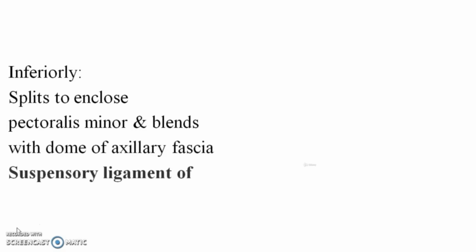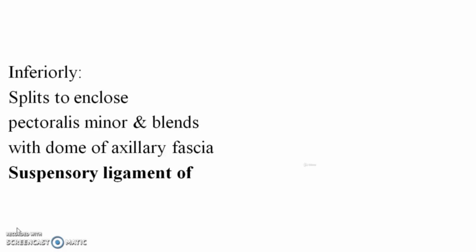So inferiorly, this clavipectoral fascia again splits to enclose the pectoralis minor, and then it blends with the axillary fascia which is present below. So this pectoralis minor is getting covered with clavipectoral fascia on the whole, and in the lower border of pectoralis minor muscle, it is again getting reunited.